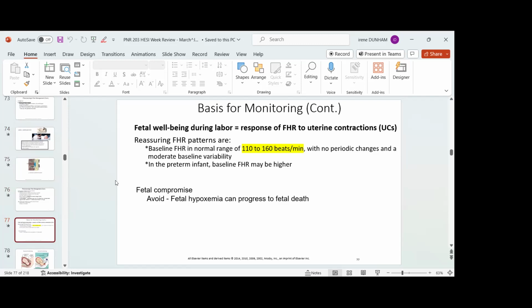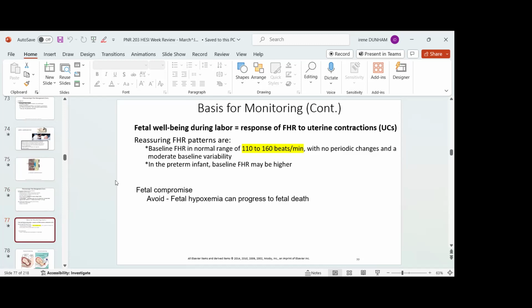So we want to make sure the contractions are not too frequent. You don't want to create what we call uterine tachysystole, because if the contractions are too frequent, the heart rate will go down. So we want to have fetal well-being during labor, okay? That means we want the fetal heart rate in the normal range between 110 and 160, okay?